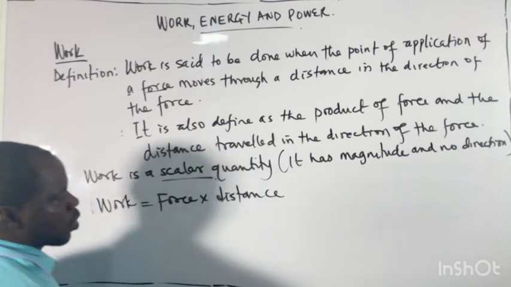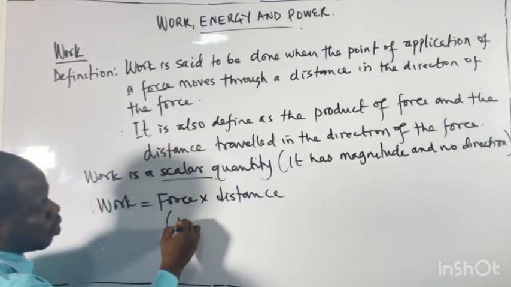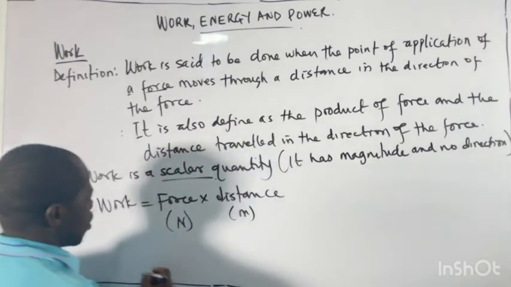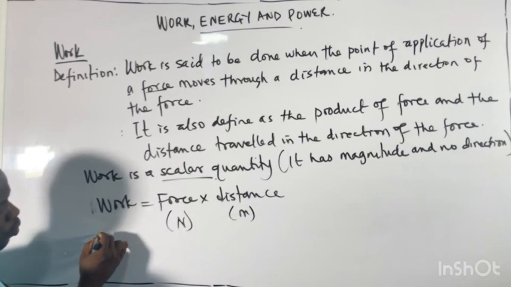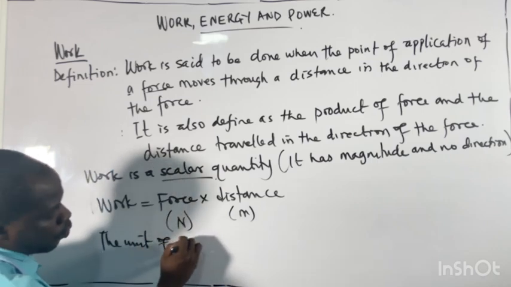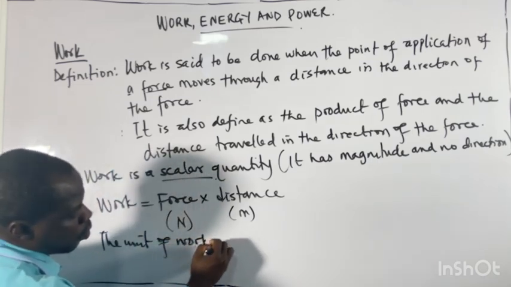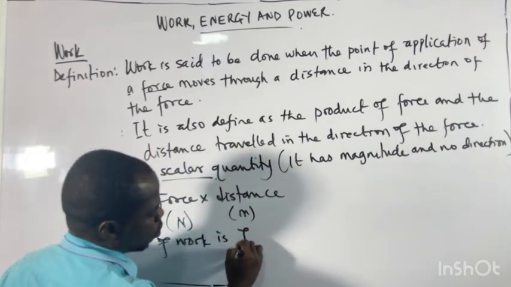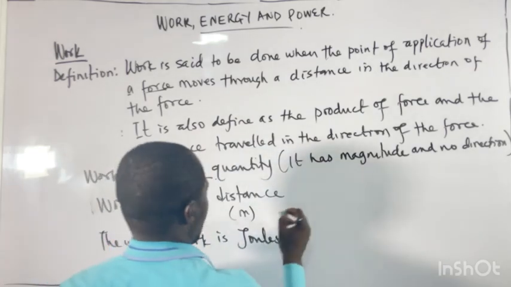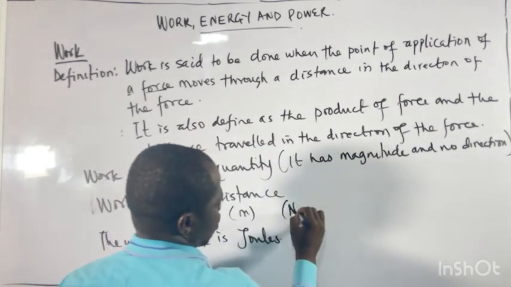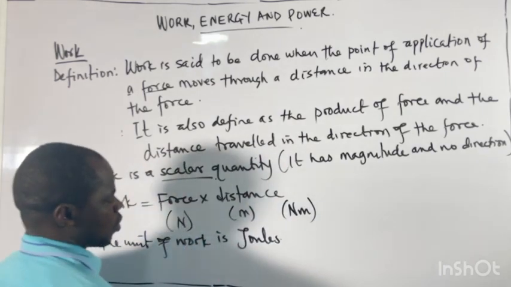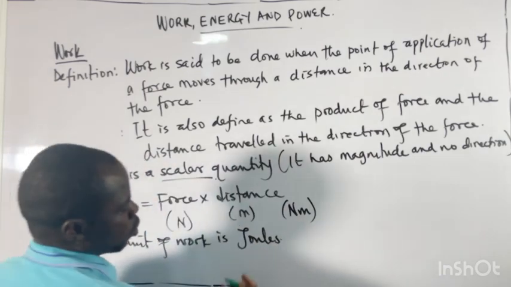Work is equal to force times distance, and force is measured in Newton, while distance is measured in meter. So we can say that the unit of work is joules. Work is Newton meter, Newton for force and meter for distance, but the unit of work is joule.